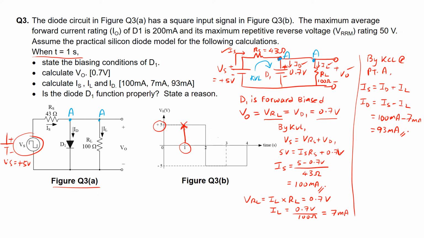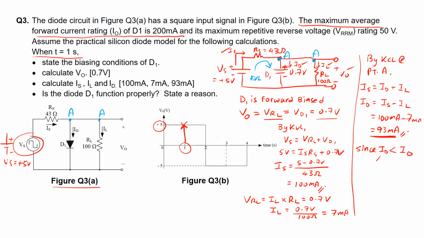To know whether the diode D1 is actually functioning properly, and to give a reason: notice that at the beginning of this question, we are given this maximum average forward current rating of the diode, which is equal to 200 milliamps. Since we have already calculated the current passing through the diode D1 as 93 milliamps, we can put this reason here: since ID is less than I naught.